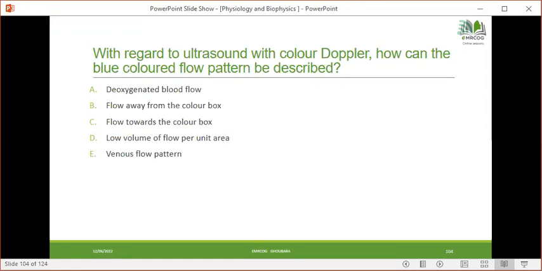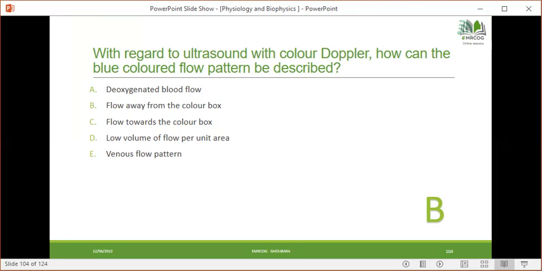So when we say blue, blue means hate, right? So blue means the blood is going away from me. Red means love. So red means the blood is coming toward me. So blue is the flow away from the color box.